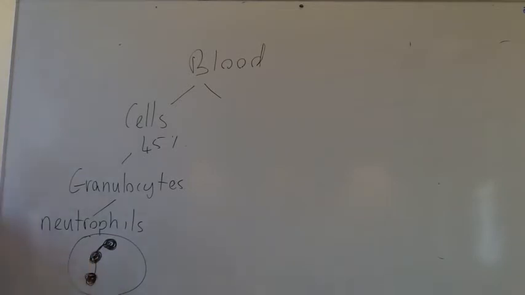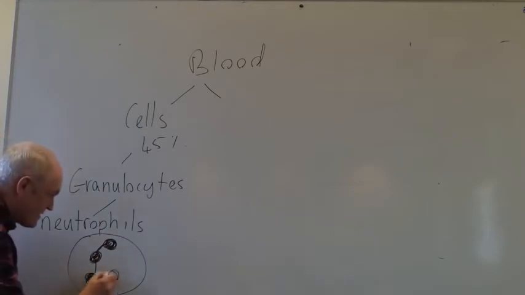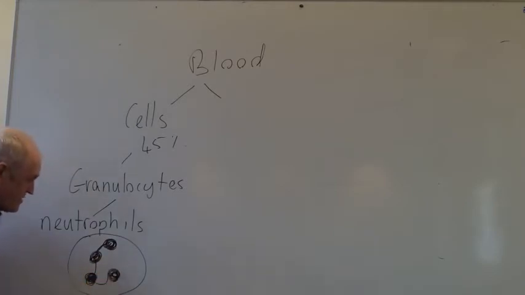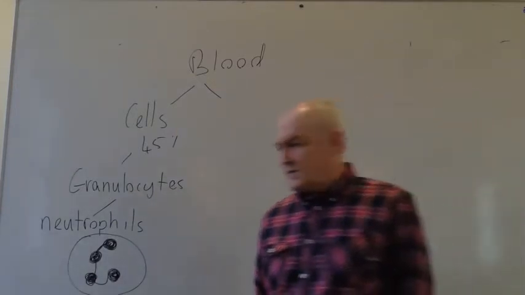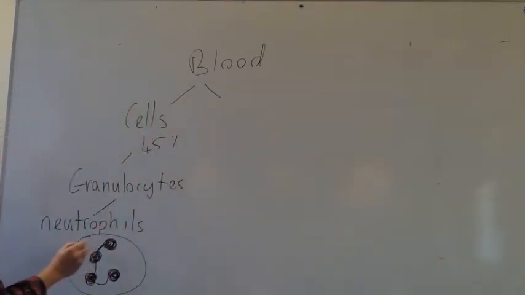So you might see some with 3 segments, or you might see other cells with 4 or even 5 segments in their nucleus. So a very strange shaped nucleus. It's in several lobes. And then throughout the cytoplasm there are smallish granules, but granules nevertheless. And these are the most common type of white cell in the blood.